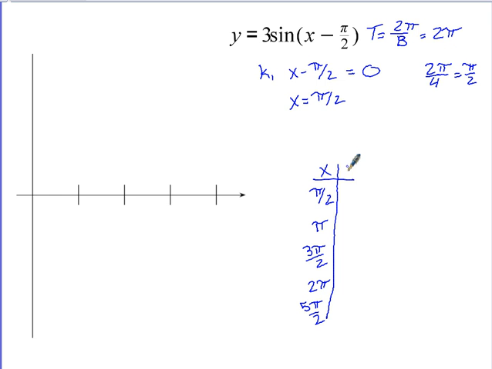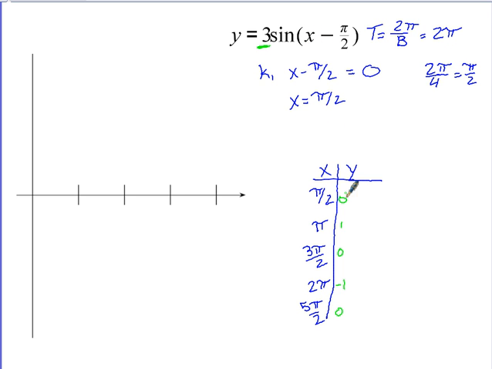Then for the y values, remember we said that the normal pattern was 0, 1, 0, negative 1, 0. But in this case, this 3 out in front changes the amplitude. So I'm multiplying 3 times whatever I get for the sine.